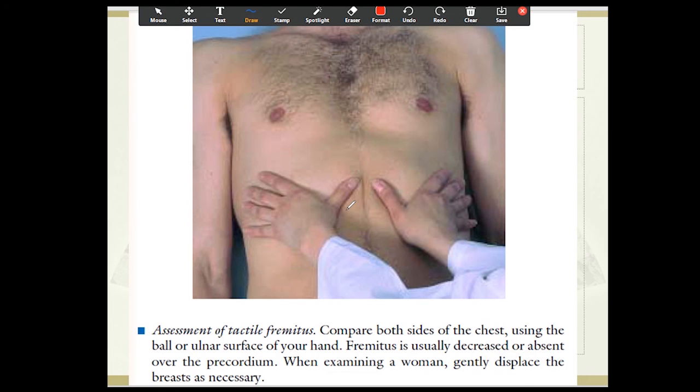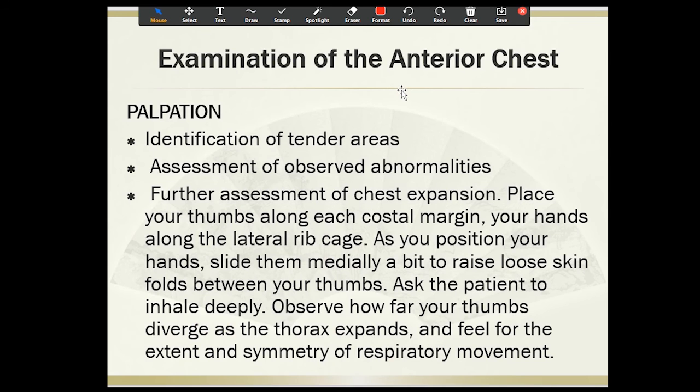Now we put our hands beside the ribcage area, with our fingers pretty close to each other, and ask the patient to inhale and exhale so that we can see some change there. So that's basically the palpation.